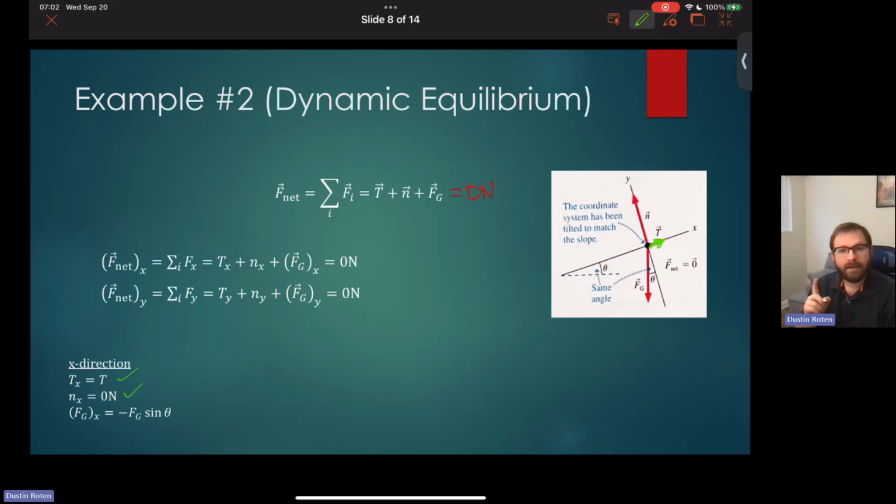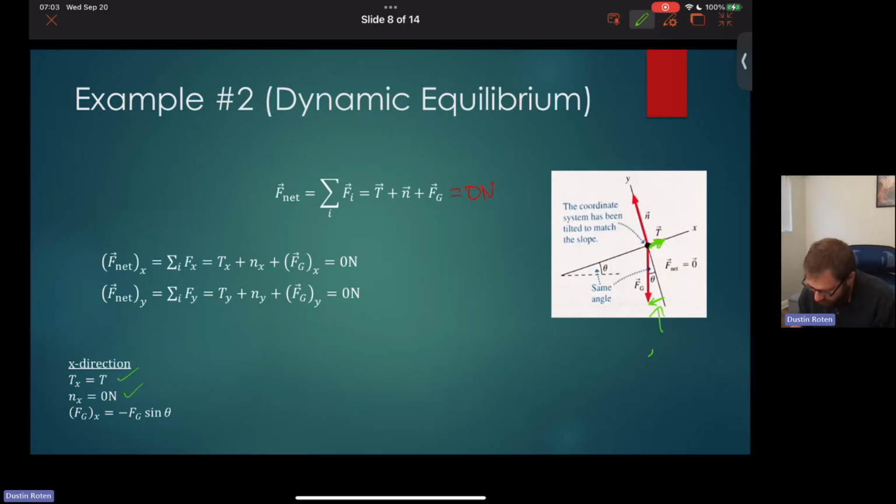That makes sense. Now, you'll notice there's a little bit right here. There's a little component of gravity trying to pull the car back down the ramp. So we need to account for that little x piece.